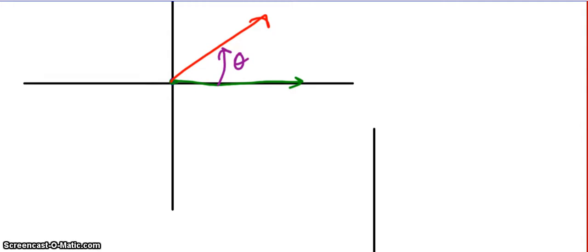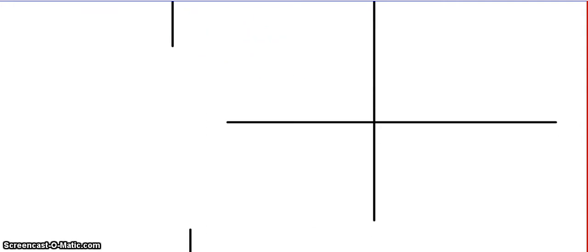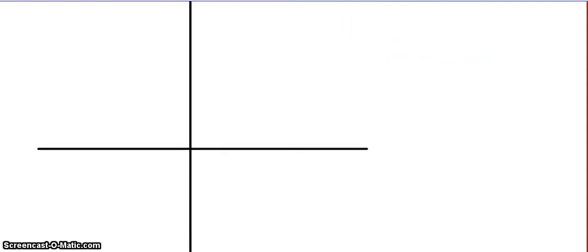We do want to understand, though, that not all angles are going to be what we call acute, which is less than 90 degrees. So I can also have, here's an angle, here's my initial side, and here is my terminal side. And so here's my angle theta. Or I can even be larger than 180 degrees, which again, if you've had geometry, you didn't deal with angles usually larger than 180 degrees.